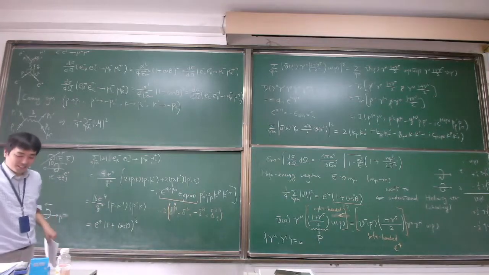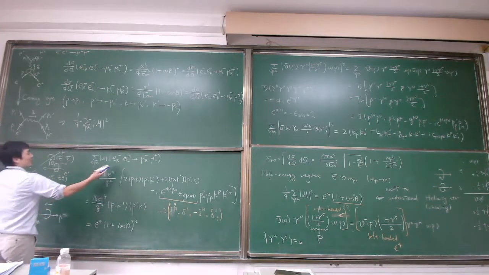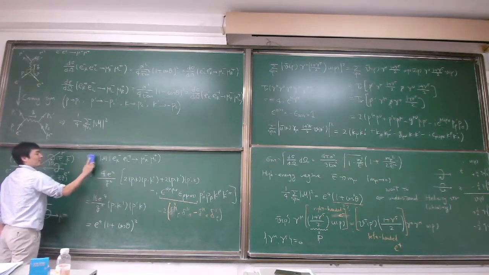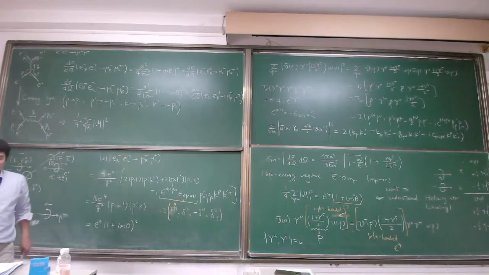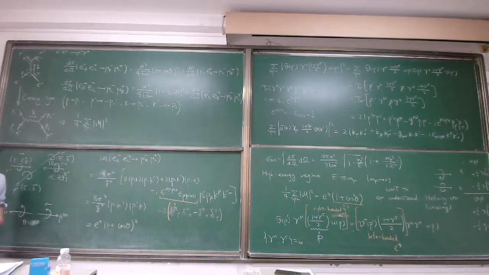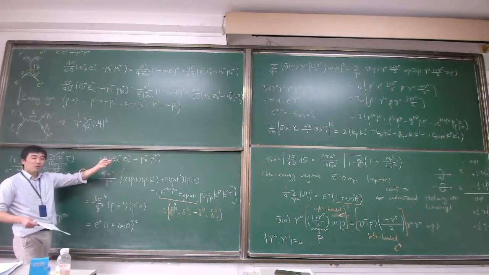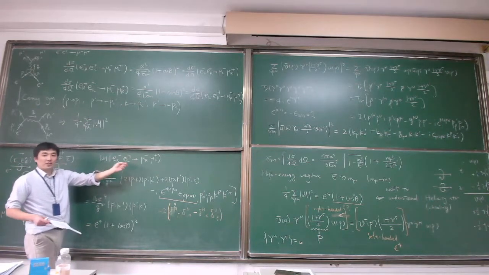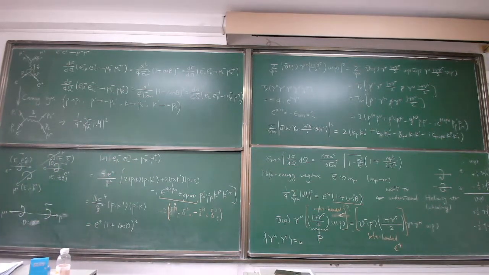So it's already specified, no need to sum over spin, because I already specified the initial and final state spin.